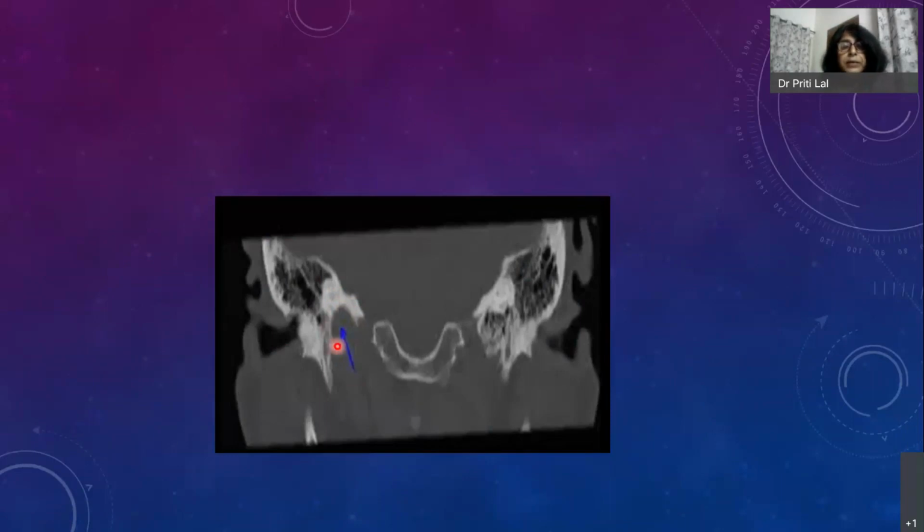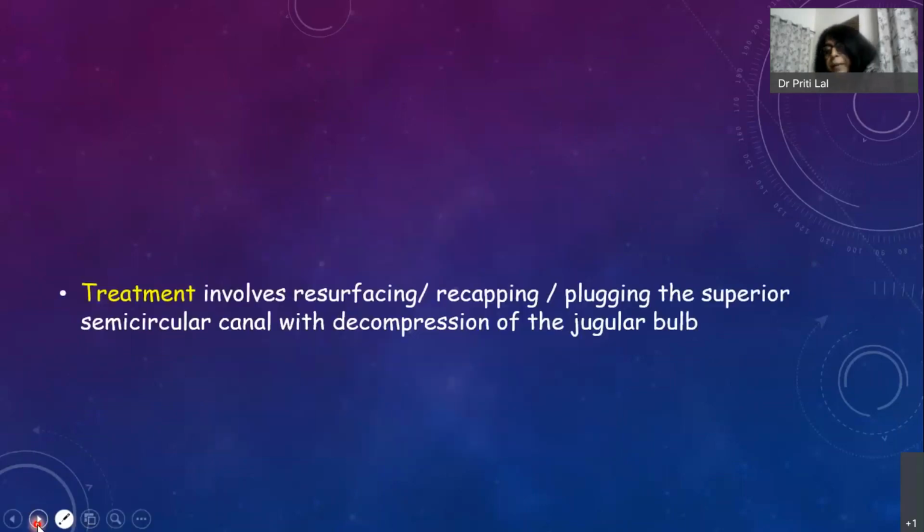And there is an associated high riding jugular bulb. Treatment is again similar to the superior canal dehiscence, involving resurfacing, recapping, or plugging the posterior canal with decompression of the jugular bulb.